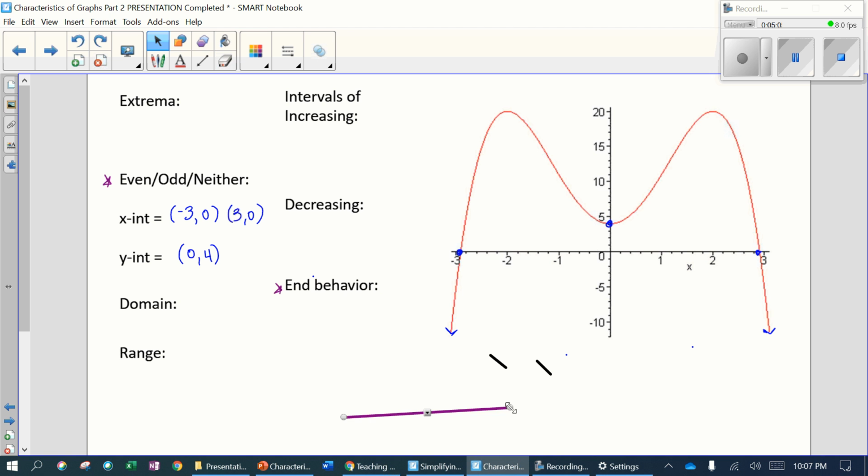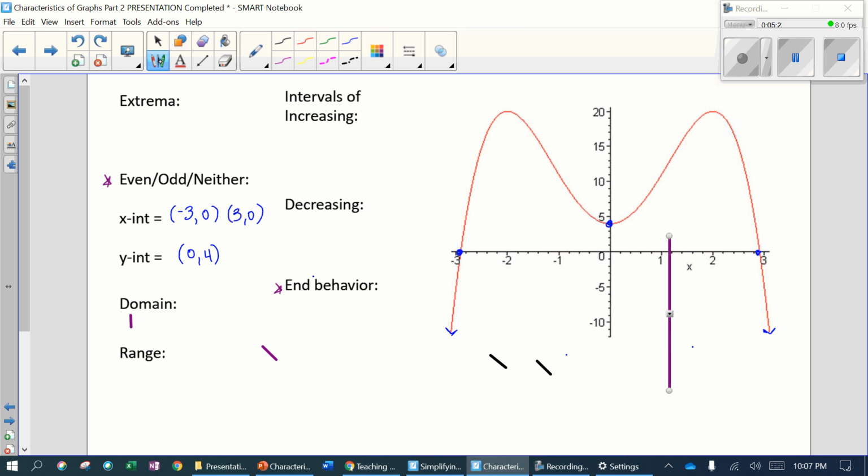Oh, we're doing domains, so we got to be vertical. Okay, start about in the middle of the graph, and I'm going to go to the left, and then this arrow on here says that it goes on forever to negative infinity. So we would say the domain is from negative infinity.